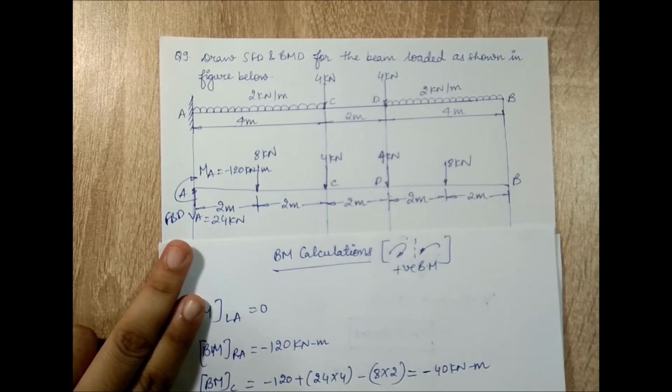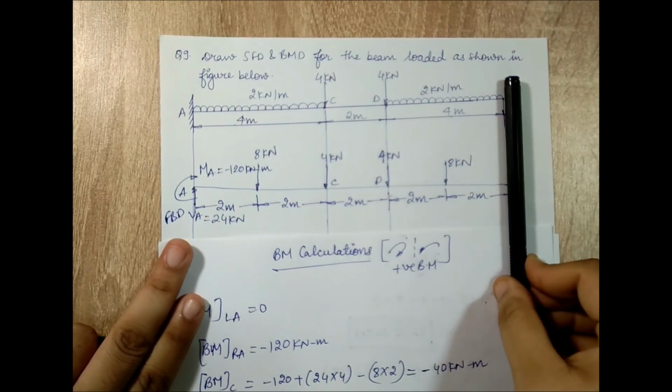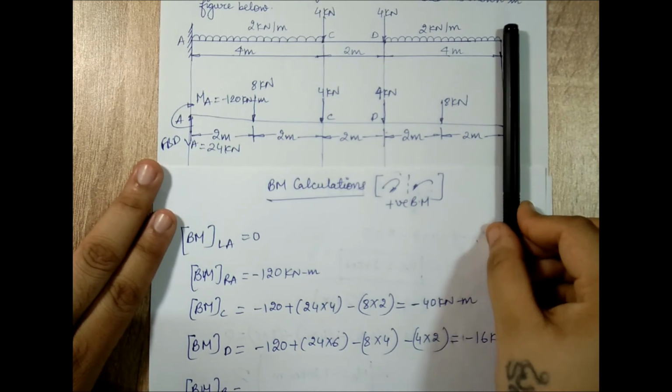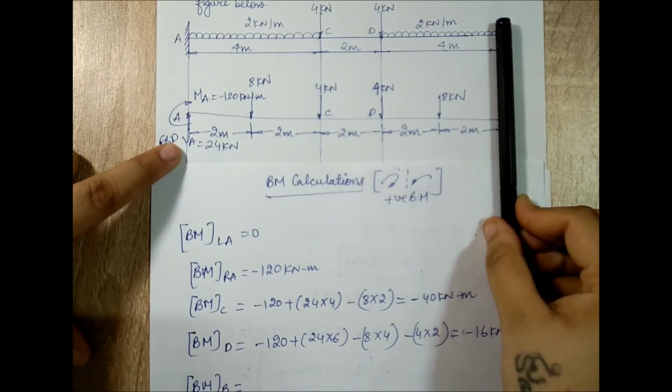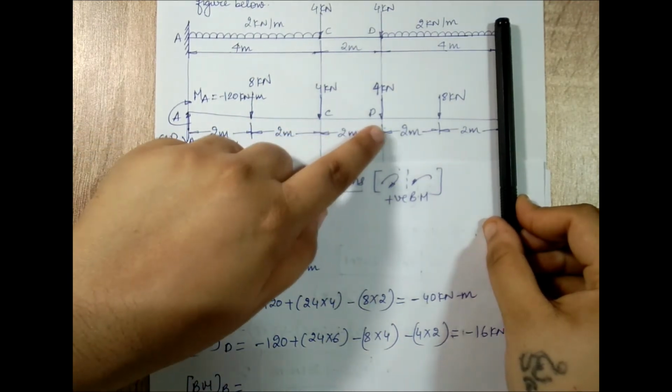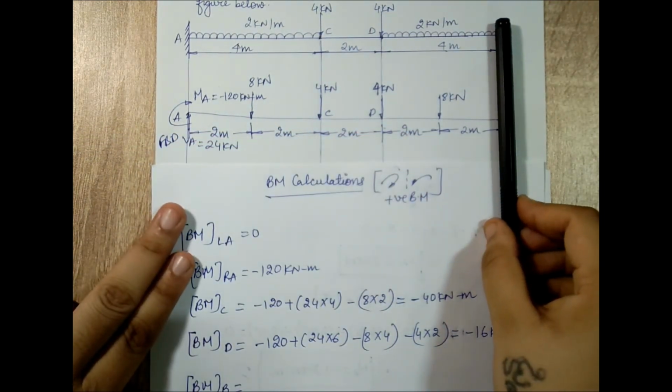Last I'll calculate the bending moment at point B. This is crucial. I should get the value as 0. So when I stand here, MA, I have VA turning clockwise, 8, 4, 8 and 8 all turning anti-clockwise.